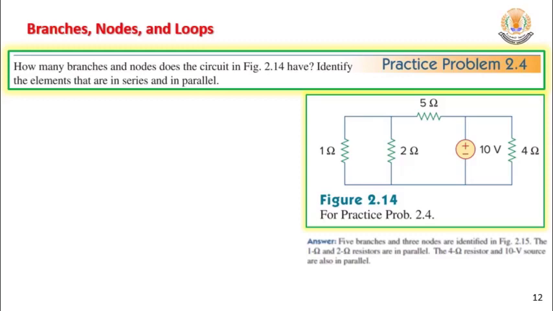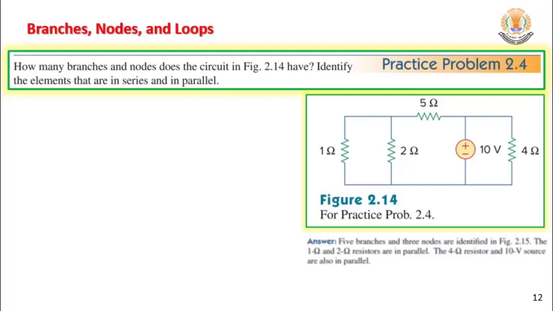Quickly, please. How many branches? Branches means elements. Quickly. How many nodes?